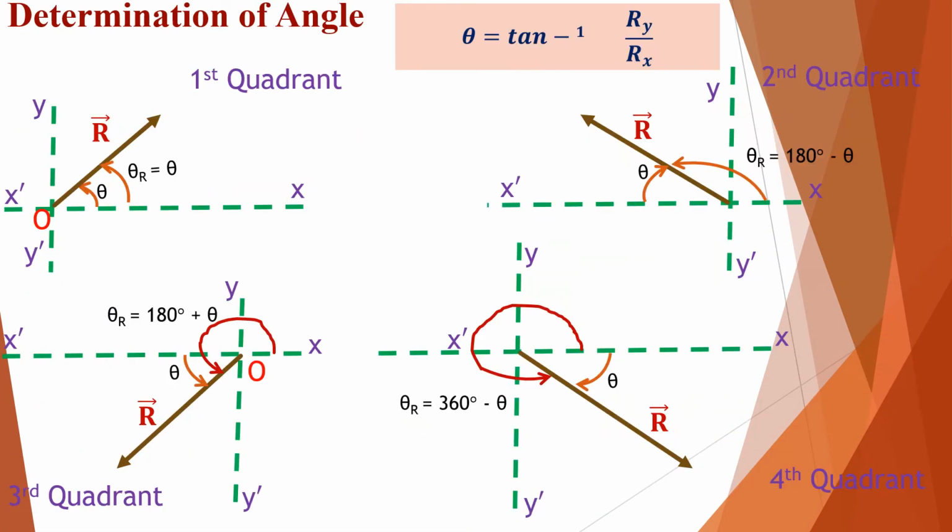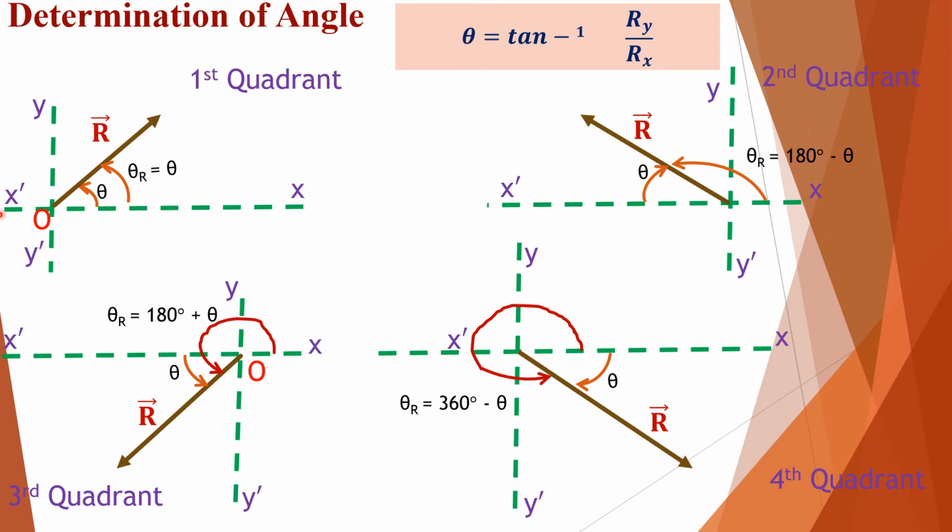Determination of angle. To find the direction theta of vector R, we use formula theta is equals to tan inverse ry divided by rx irrespective of the positive and negative signs of rx and ry. We find the direction theta of R along x-axis in counterclockwise sense and then follow the steps given here.